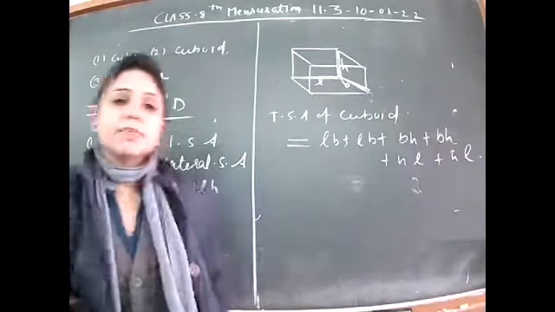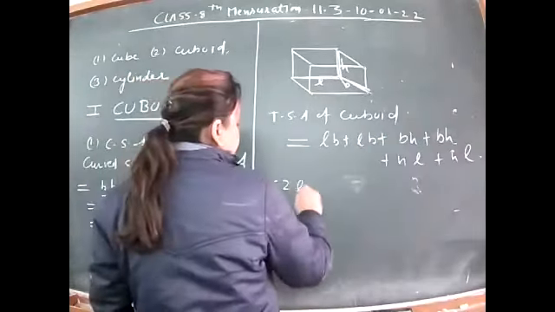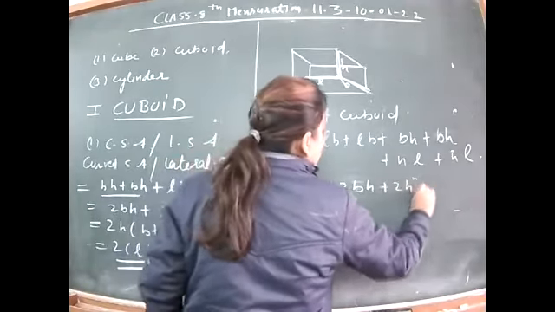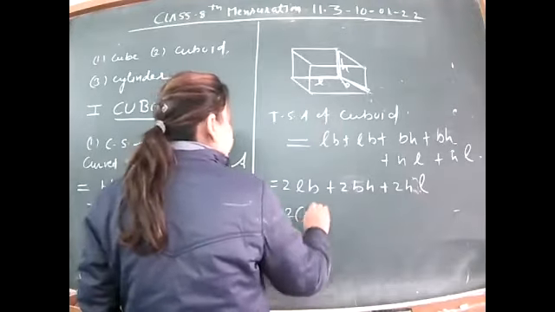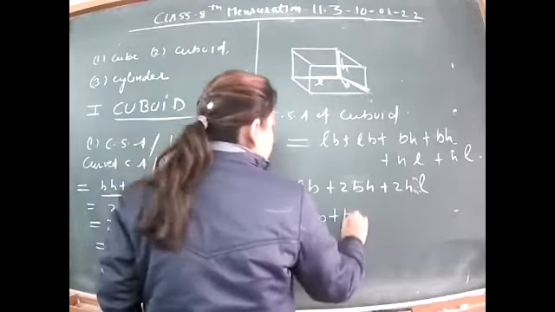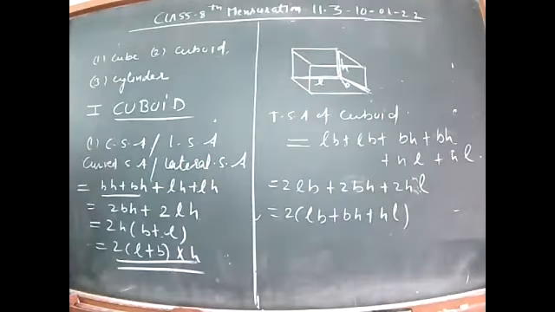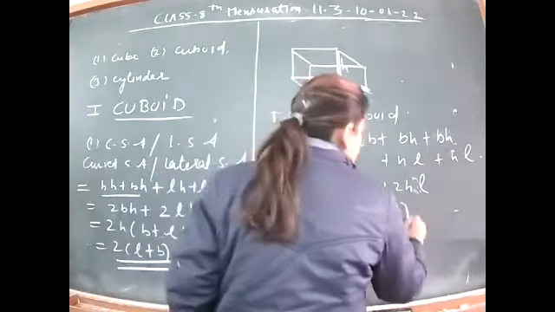So LB plus LB, this becomes 2LB. BH BH 2BH, HL HL 2HL. So you take 2 as common. LB plus BH plus HL. Inside it will be left as LB plus BH plus HL.